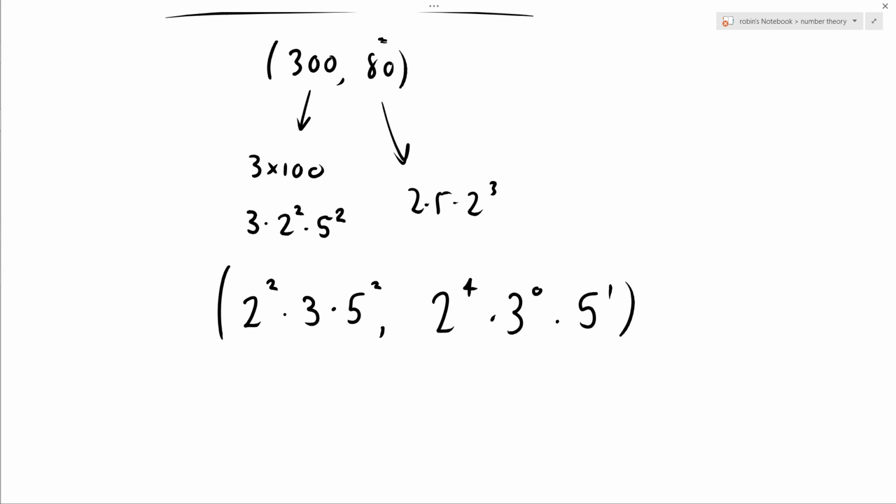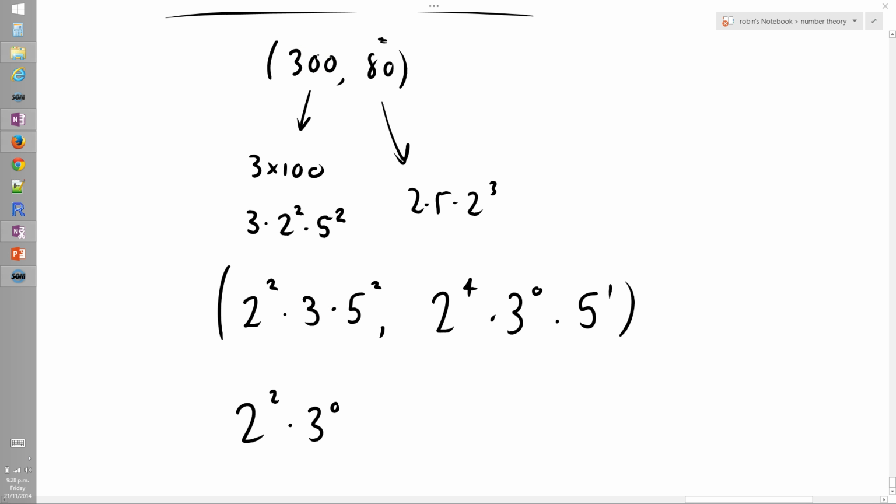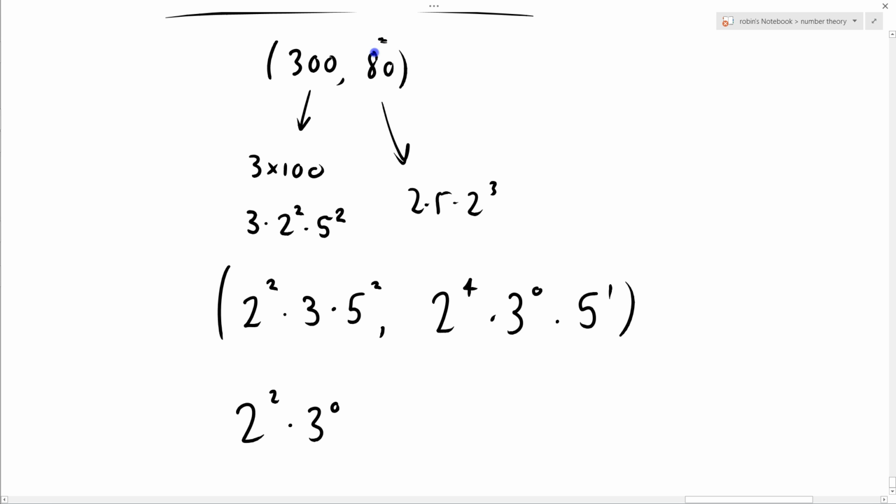And the greatest common factor, well, what we've got to do, pretty obviously, is to take the smallest power of each number. So it's 2 squared, because there's a 2 squared here and a 2 to the 4 here, so we take the smaller, times 3 to the 0, because there's a 3 to the 0 here. Really what we're doing is observing that no multiple of 3 can go exactly into 80, because it hasn't got a factor of 3, times 5 to the power 1.